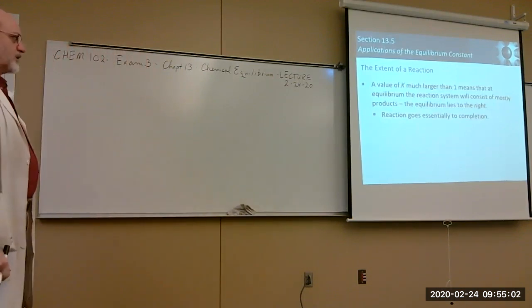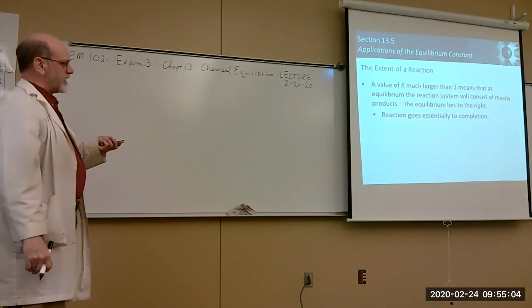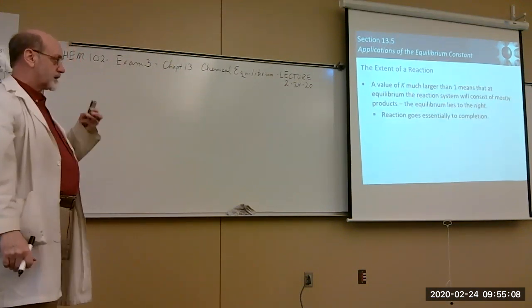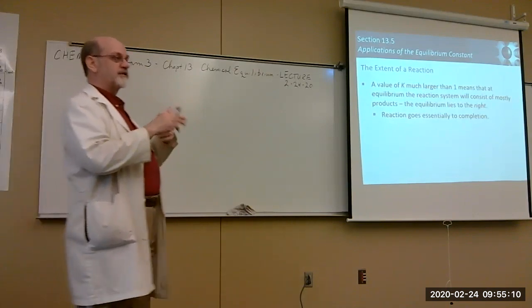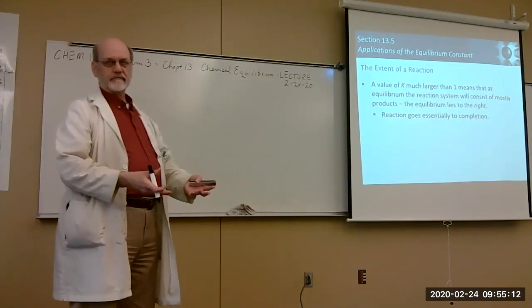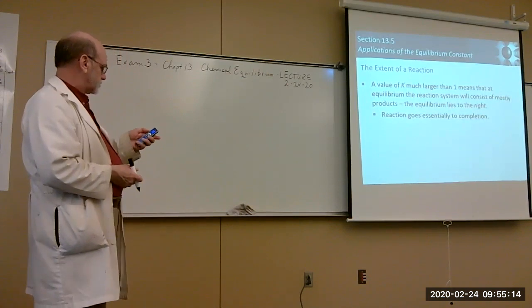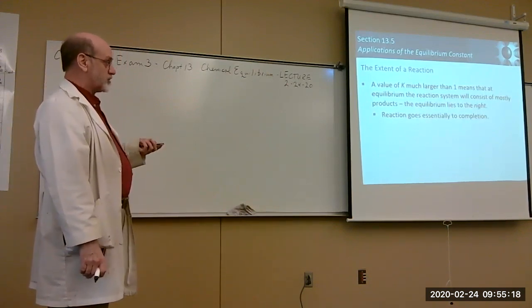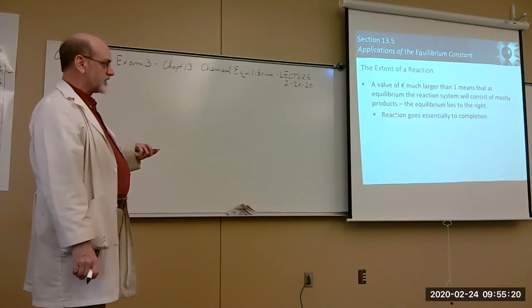So we talked about this earlier. If the value of K is much larger than one, that means at equilibrium the mixture consists of mostly products. And if it's very, very large, the reaction essentially goes to completion.